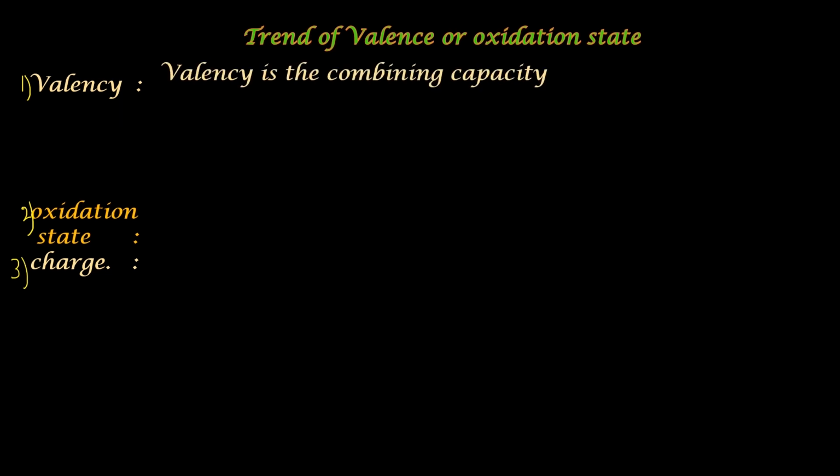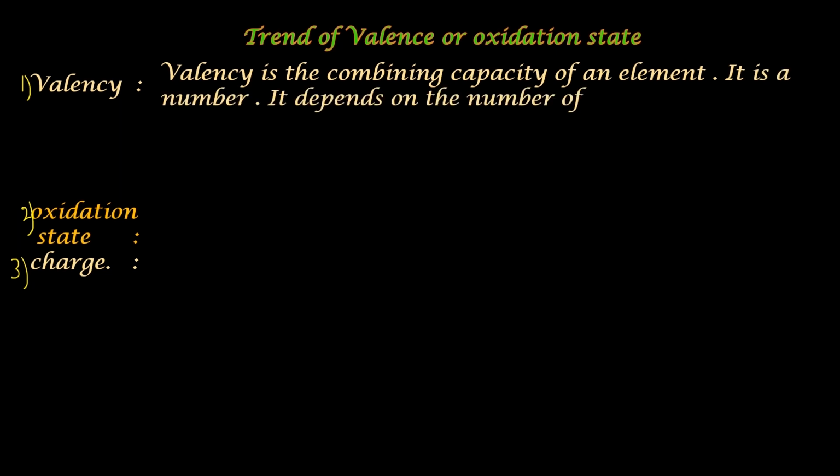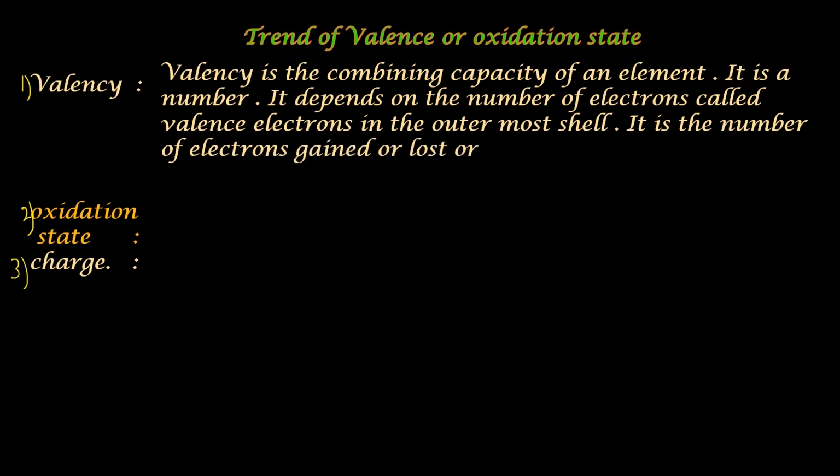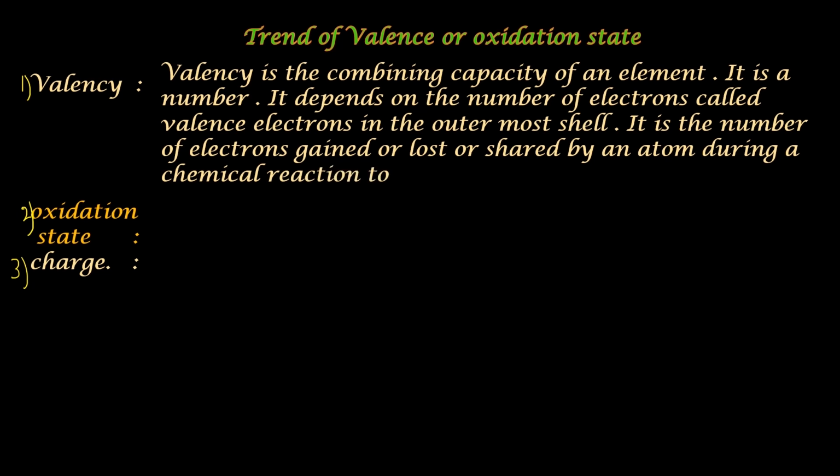Valency is the combining capacity of an element. It is a number. It depends on the number of electrons called valence electrons in the outermost shell. It is the number of electrons gained or lost or shared by an atom during a chemical reaction to complete the outermost shell.